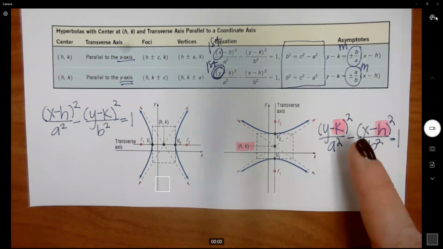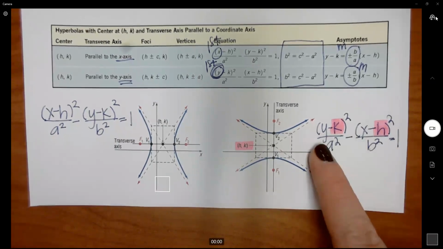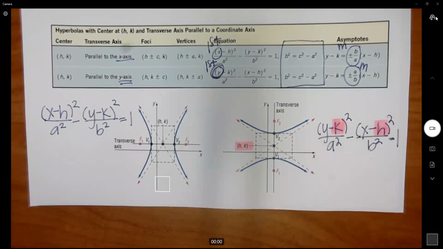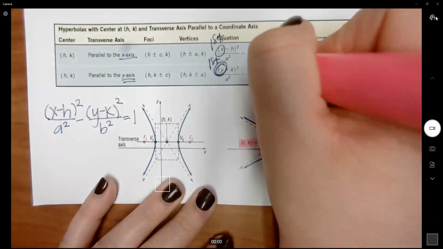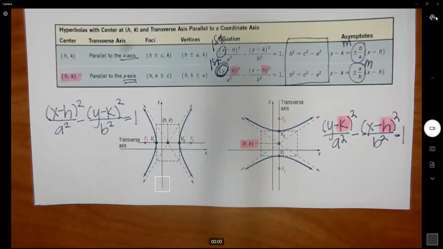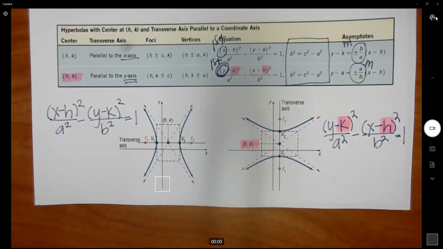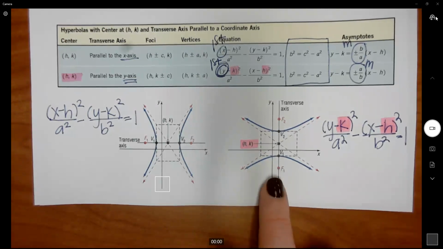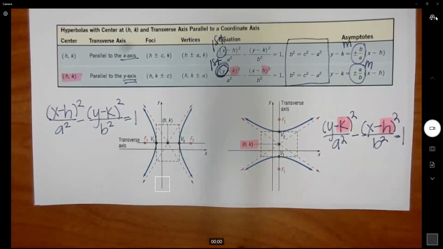So it's (h, k), it's still x comma y. Okay, so be careful with that, which is exactly what it's showing up here as well. (h, k) is your center. So be careful when the transverse axis is parallel to the y.